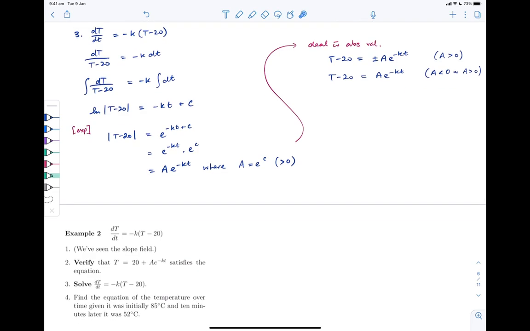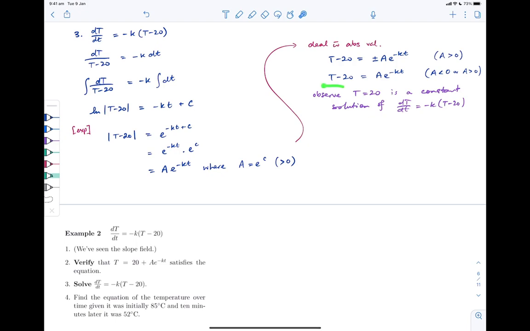This is getting very subtle. So observe that t equals 20 is a constant solution of our differential equation. Now, if your eyes are watering and your brain's going funny, I don't blame you.